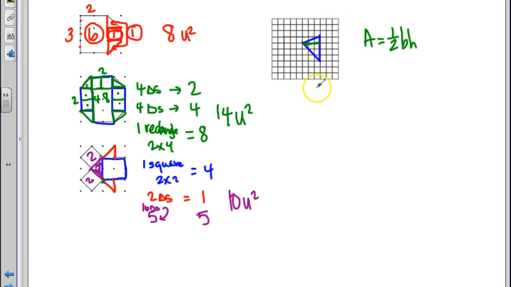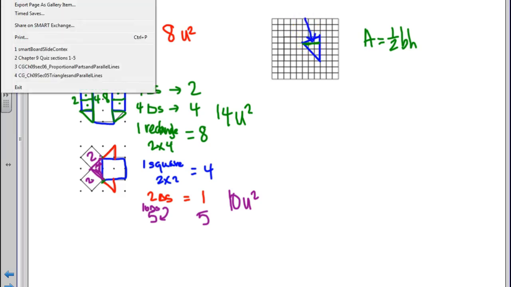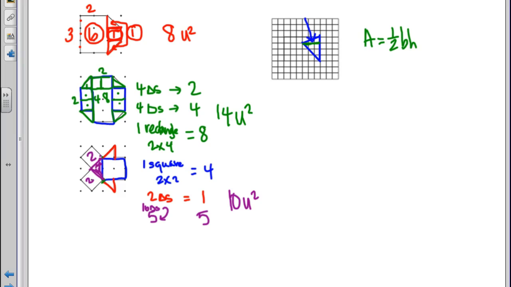It's a horizontal line. Horizontal or vertical lines from the angle to the opposite side are awesome sauce. So 1, 2, 3 is my height. Let me get back to the green. All right, now the base, maybe you're like, well, we could use any of the sides.